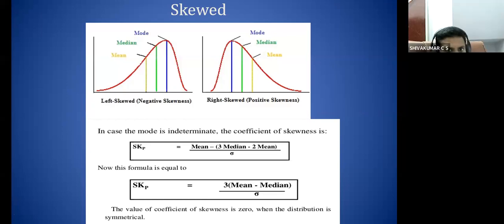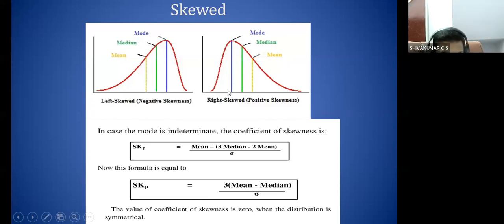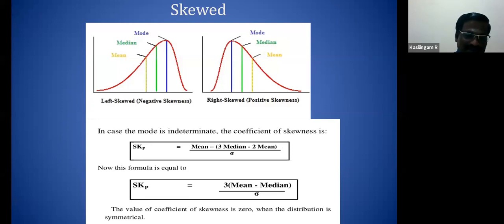Negative, sir. Positive, sir. Look at the x-axis, sir. The mean value is this value, the median value is this value. For example, if the median is 12, the mean will be 14. 14 minus 12 is 2, positive. That is why it is called positive skewness. I'm not giving the entire formula; for simple understanding, mean minus median.